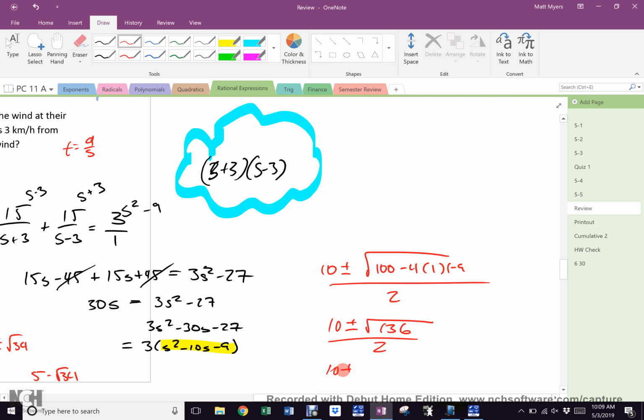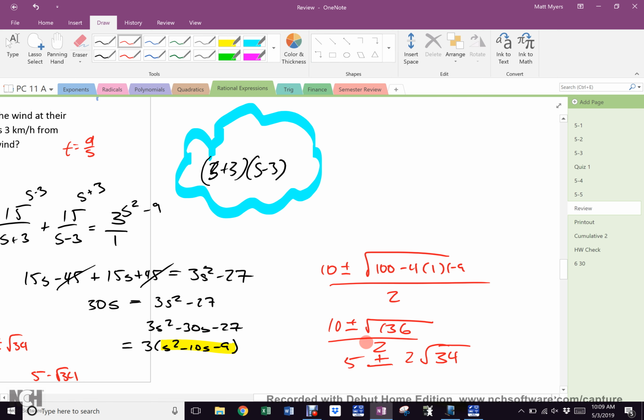So it's 10 plus or minus 4 root 34 over 2. 2 cancel, cancel. Right? 5 plus or minus 2 root 34. Right? Yeah. Man.